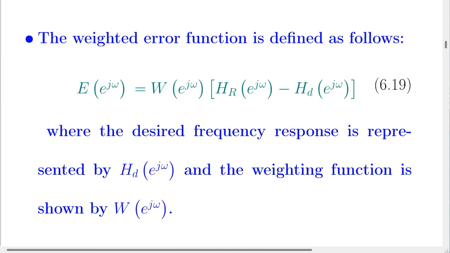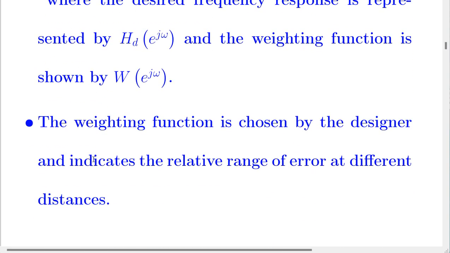Okay, now the weighted error function is defined as follows: error of e to the power of j omega will be equal to the weighting function W of omega times Hr of omega minus H desired of omega, where the desired frequency response is represented by Hd of omega and the weighting function is shown by W of omega.